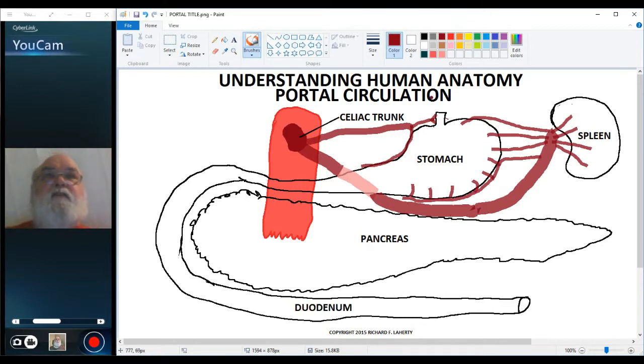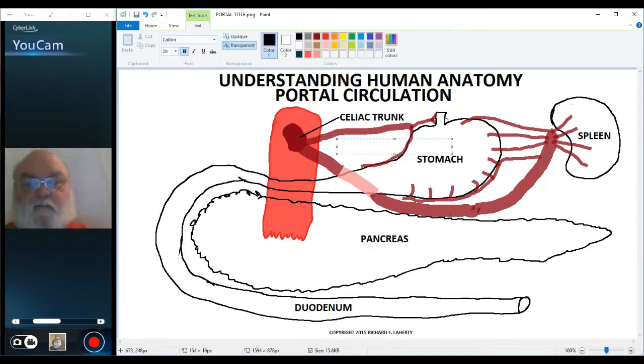Now, let's put some labels in here. And over here is the left gastric artery.